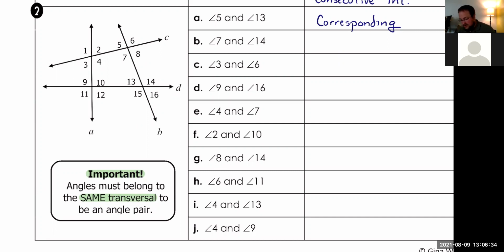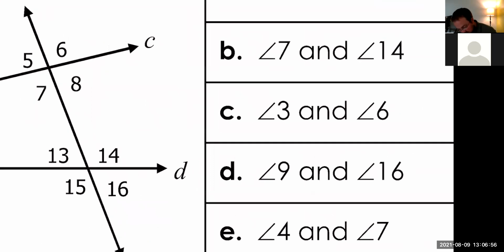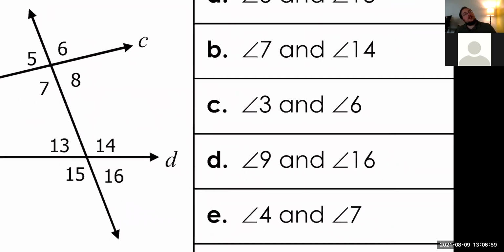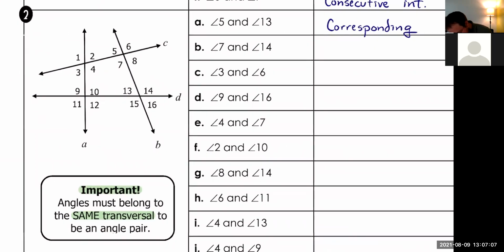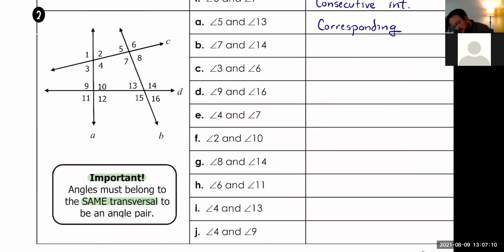Alternate interior, because if you're imagining B is the transversal, the 2 lines in question that it's intersecting are C and D. So 7 and 14 are between C and D. If it helps, if you have a scrap sheet of paper, cover up these other 8 just to avoid that distraction. Imagine you're looking at it from this perspective. That extra stuff can be really distracting. All right, so 7 and 14 are alternate interior in this case.